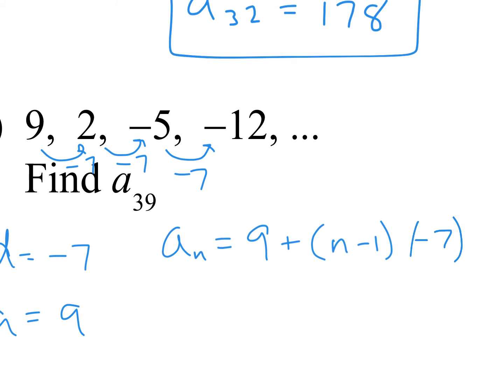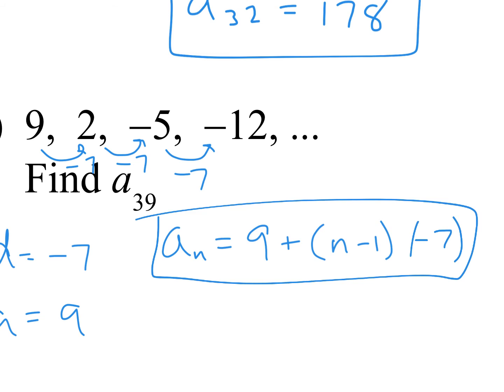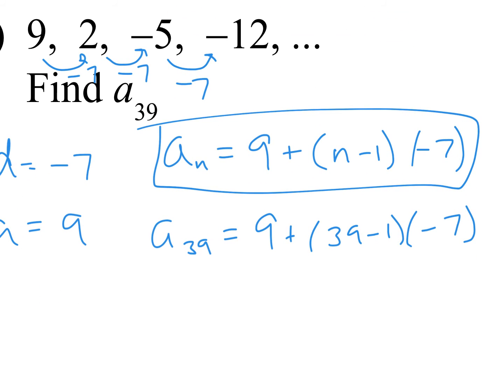What are we plugging in for n? 39. So 39 minus 1 times negative 7. What do we have to do first? 39 minus 1. So 38 times negative 7 plus 9.